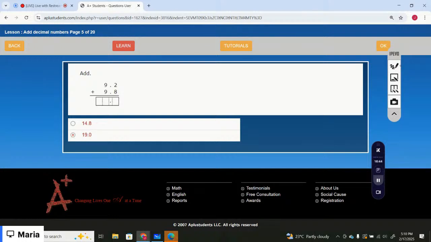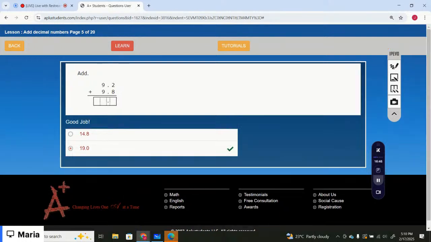That is 19.0. Option number 2 is the correct option.